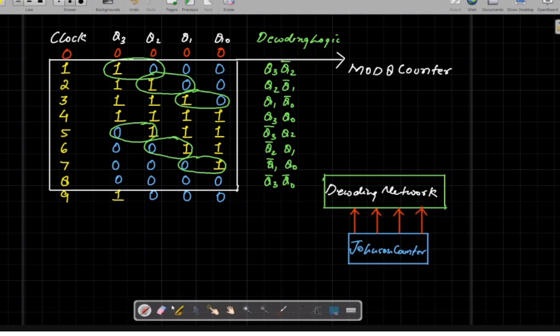And of course these outputs are with respect to Q3, Q2, Q1 and Q0, and then you can read any one of the outputs from here.